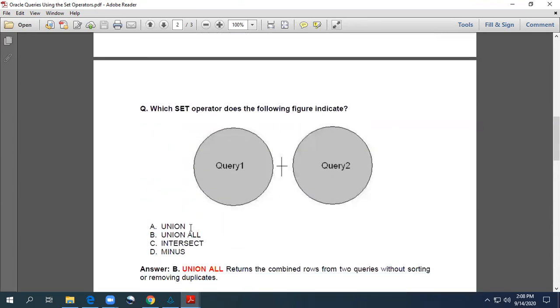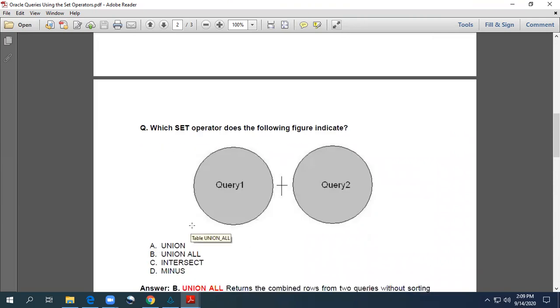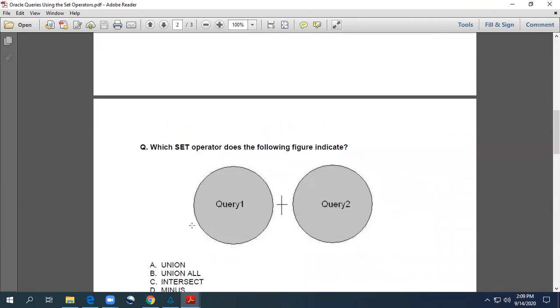Before that, I want to ask you some questions. These are some questions related to this topic. Which set operator does the following figure indicate? If I am showing you this figure, which set operator is this? There are four set operators: UNION, UNION ALL, INTERSECT, and MINUS. This Venn diagram shows which set operator?